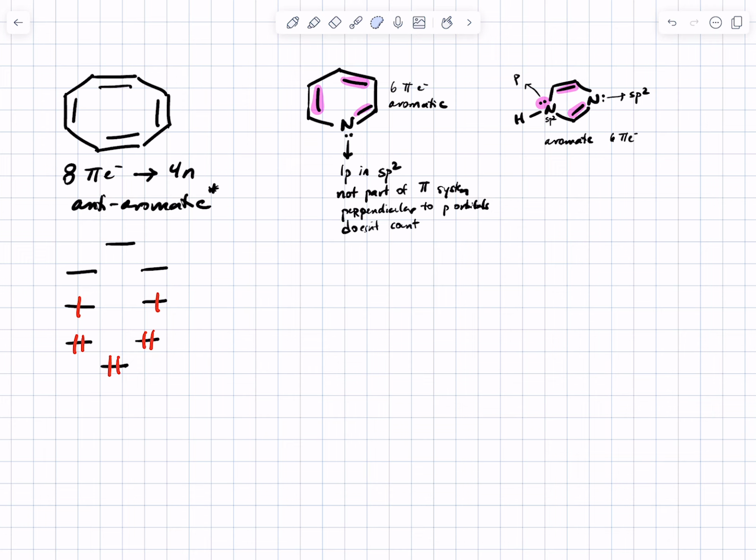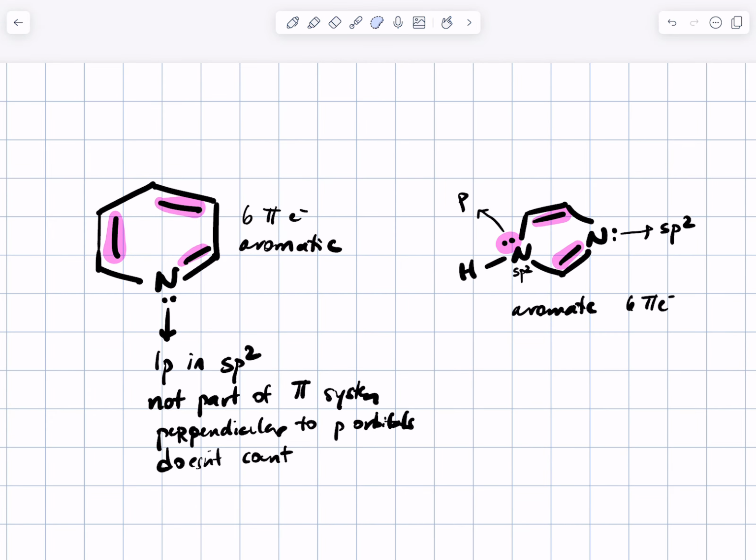I think at the very end we were talking about how to deal with lone pairs on heteroatoms, and the conclusion is they only count if they're in a p orbital. How can you tell whether the lone pairs are in a p orbital? Well, you look at what the nitrogen is involved in. You estimate its hybridization.